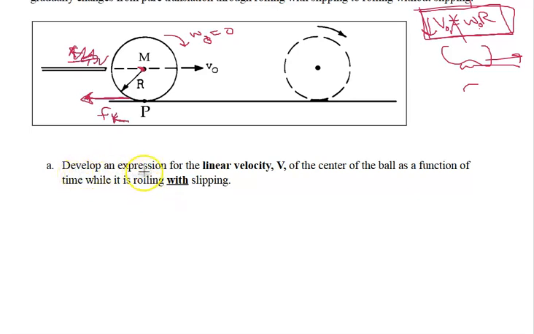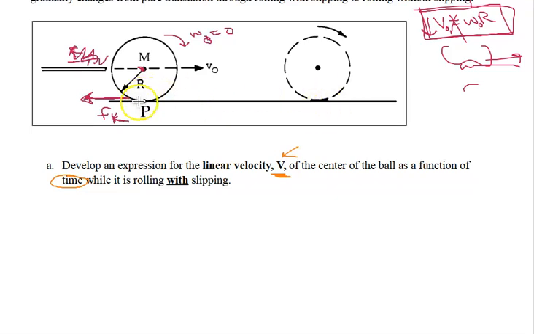Okay, develop an expression for the linear velocity v of the center of the ball as a function of time. So a couple of hints here. Velocity is tricky because it could be energy, it could be kinematics, or it could be momentum. So velocity is really versatile, but that makes it hard to figure out.